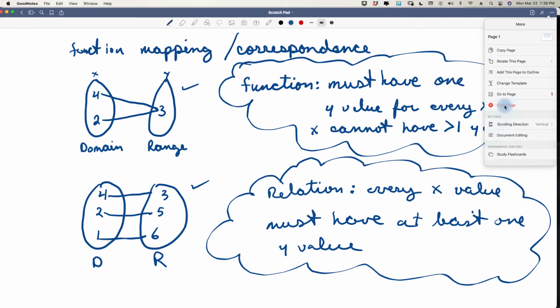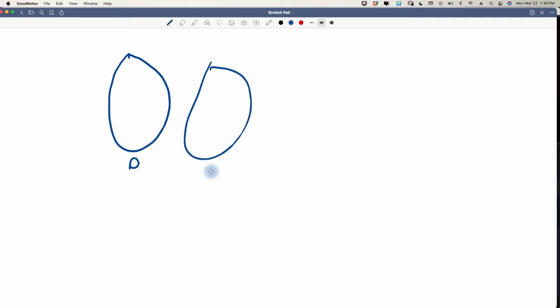Rewind and make sure you get this in your notes because that's going to be an important distinction. Let me give you a picture of a relation right here. Here's your domain. Here's your range. We have 4 and 2, and we have 3, 5 and 6. 4 maps to 3, 4 maps to 5, 2 maps to 6.